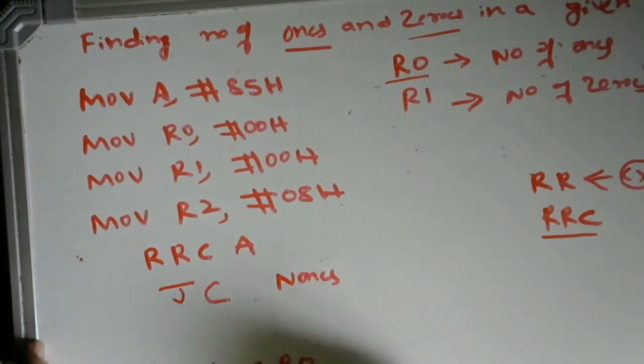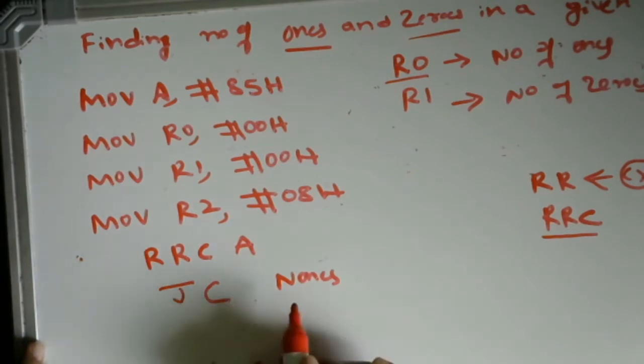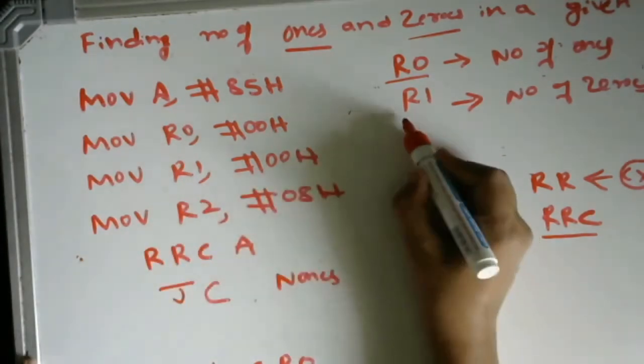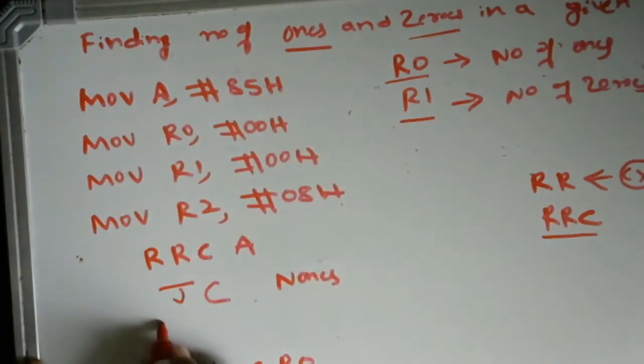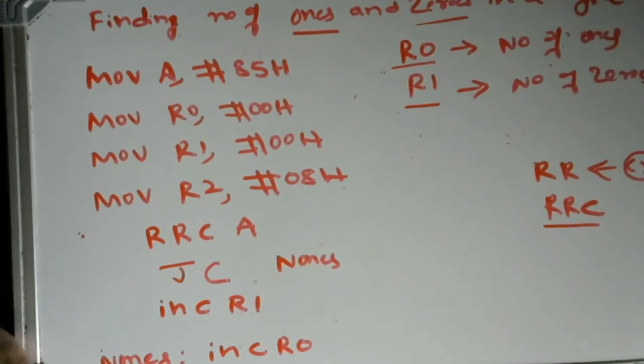So each time we find a 1 in the 85h, R0 will be incremented. If carry is not generated, that is nothing but the particular bit is 0, so we need to increment R1.